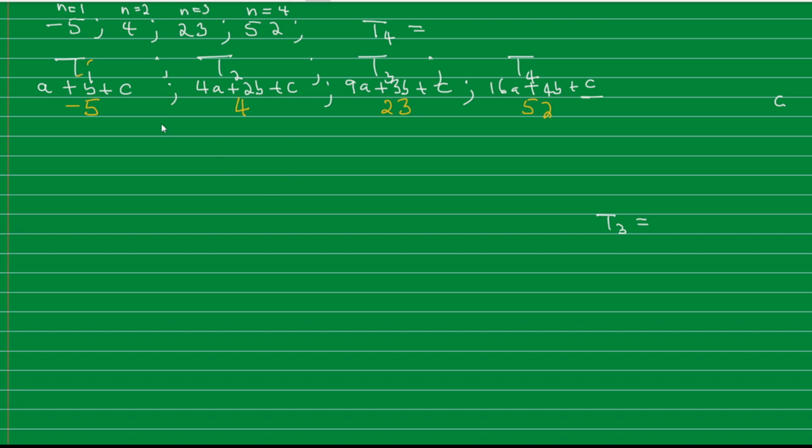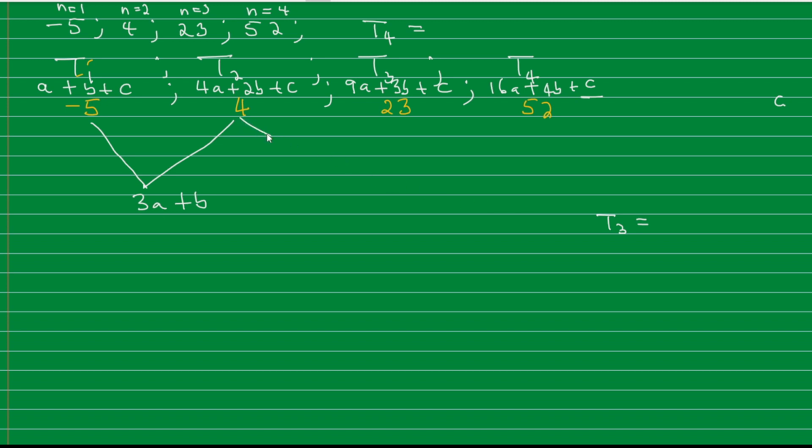Taking this and that, 4a subtract a gives me 3a. 2b subtract b is b, so that is 3a plus b, and c subtract c gives us 0. So we are now creating our row of first differences.